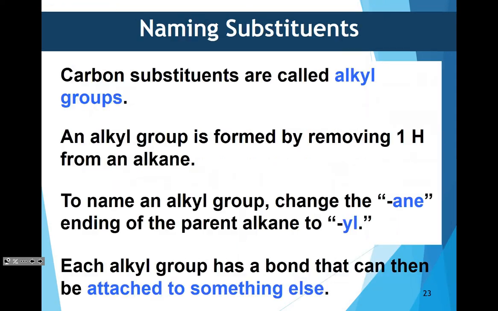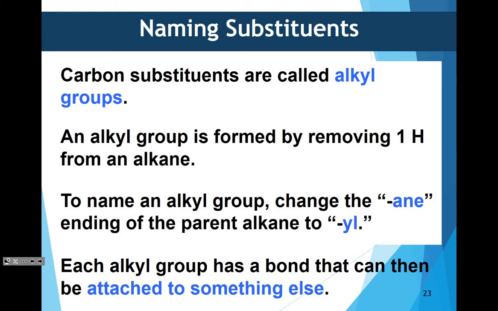Now, as we go through this, carbon substituents are called alkyl groups. For us, it will be alkanes. To name an alkyl group, change the A-N-E to Y-L. So that means it's attached to something if it has a YL.